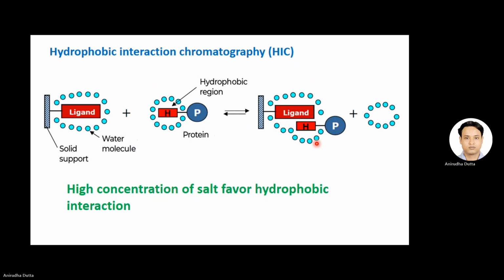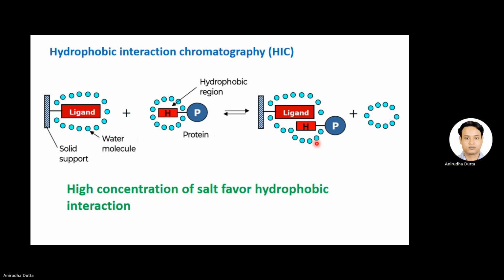That was between a hexahistidine tag and the nickel ion. So in IMAC, protein gets purified based on the presence or absence of the histidine tag.